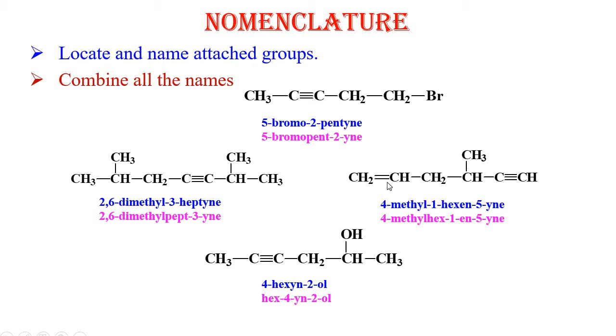If both double and triple bonds are present, numbering is done in such a way that the double bond gets the lowest number. So 1, 2, 3, 4, 5, and 6. The name of this compound is methyl-1-hexen-5-yne.